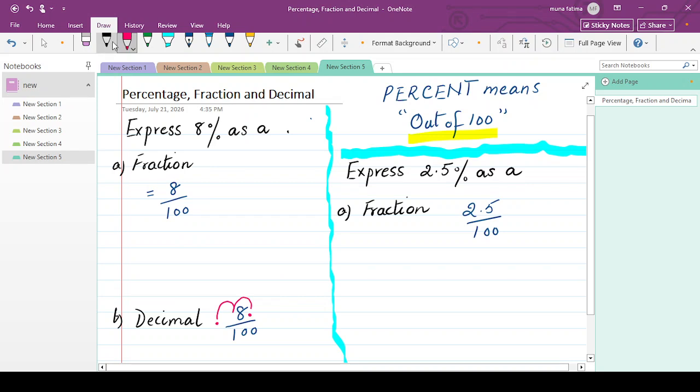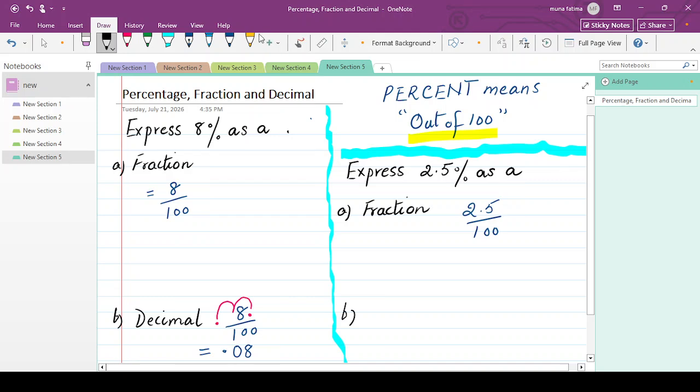Your answer in this case will be, the decimal stays where it is. There was an empty space, we're going to put a 0 over here, and the 8 ends up over here. We're done. Let's do the same for the other side, and then we can come back to part A.